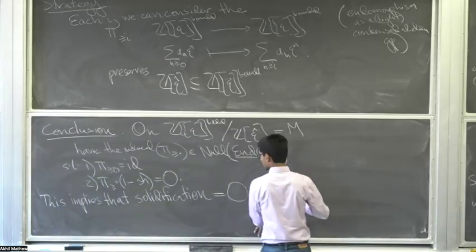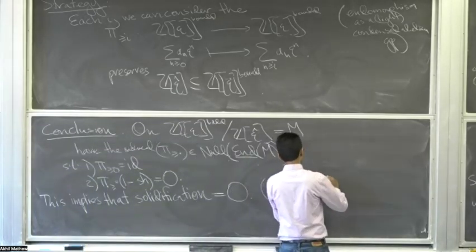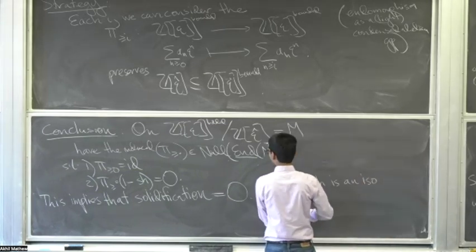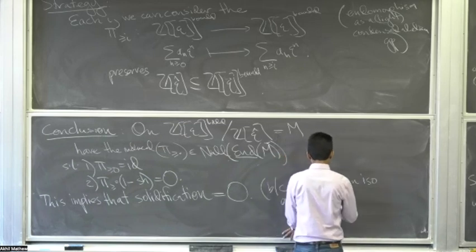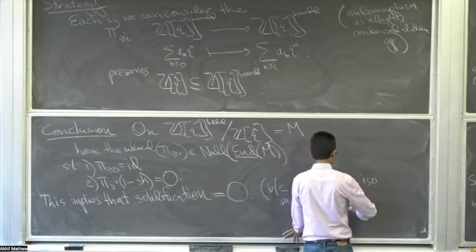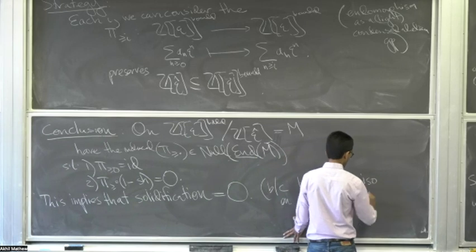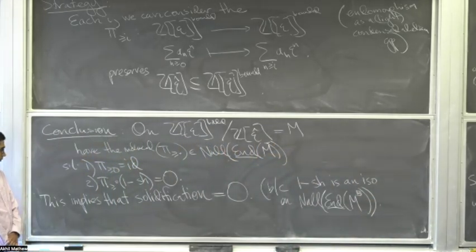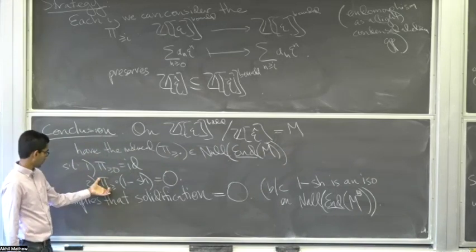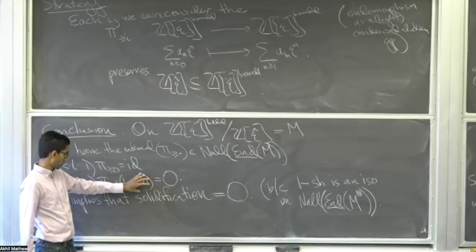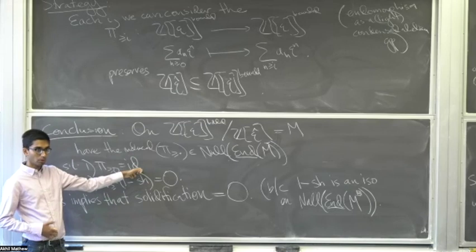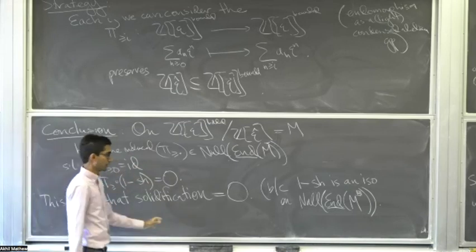So in particular, a null sequence in the kernel of 1 minus the shift operator is forced to be 0, and then from this you get the identity is 0 on M. So that's this diagrammatic argument.